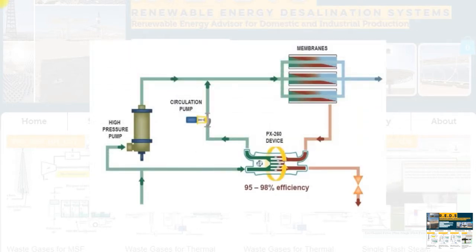The third configuration is to use a pressure exchanger unit, the PX device. This device is very impressive because its efficiency can reach up to 98%, 99%, and so on.